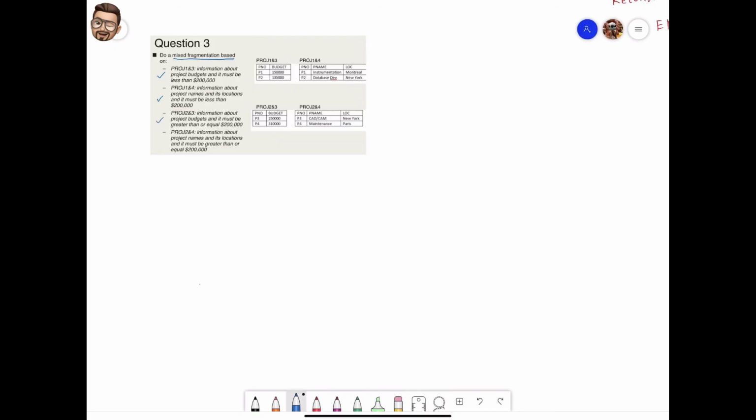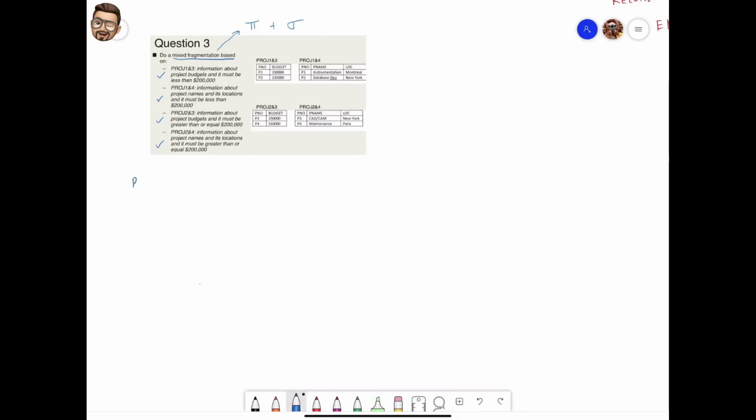And project 2 and 4, information about project names and its location, and it must be greater than or equal to 200k. So you have 4 different fragments that you want to do. Remember, mixed fragmentation, you need to use pi and also sigma. It is a combination of vertical and horizontal fragmentation.